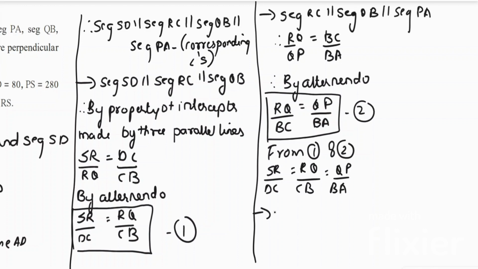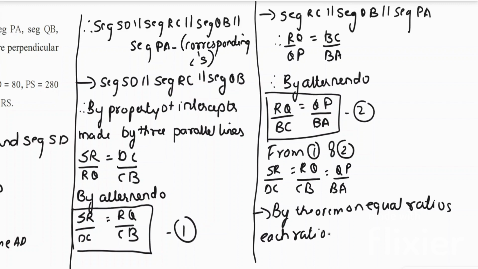Now students, we had learned in 9th standard in the ratio and proportion chapter, by theorem on equal ratios, each ratio is equal to, we can add up. Yes or no? In the theorem on equal ratios we learned that if we add or subtract ratios, the answer ratio will also be the same.